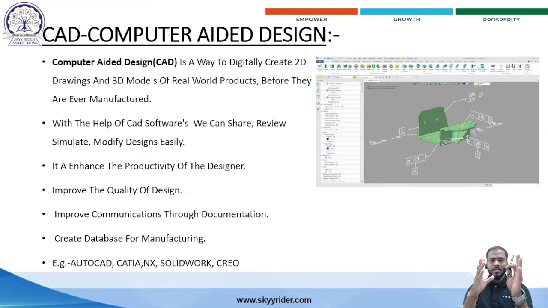So CAD is generating a new product or doing any product modification, digitally in our software. That is called CAD or computer aided designing. With the help of CAD software we can share, review, simulate, modify and design easily.